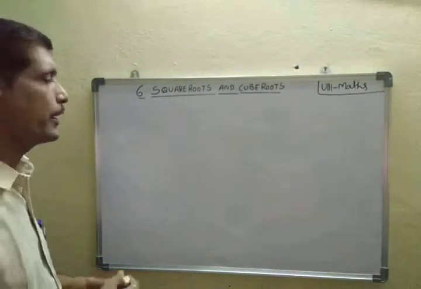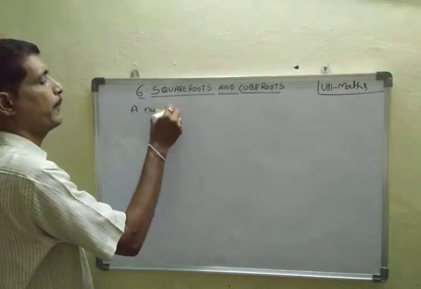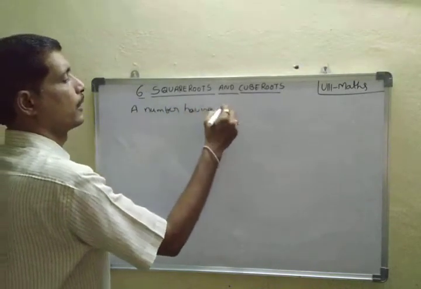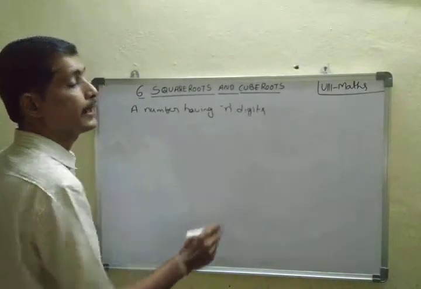Properties of squares. Suppose a number has n digits.